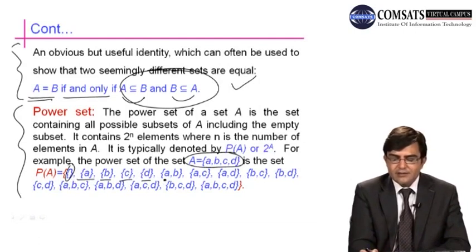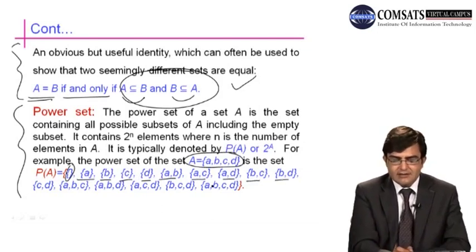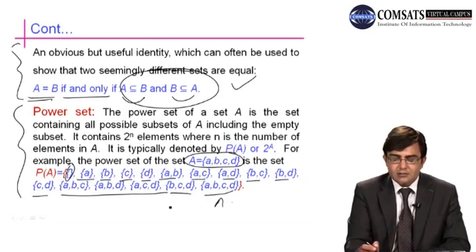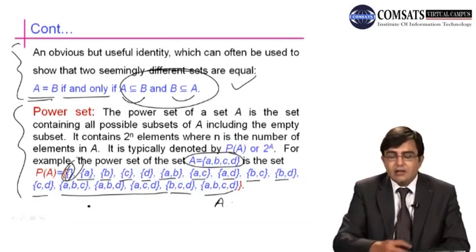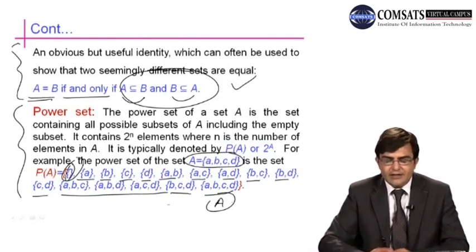Then we take two elements: AB, AC, AD, then BC, BD, and CD. Then three elements: ABC, ABD, ACD, BCD, and then the set itself. So the power set contains the empty set and the set itself; other than this, we take all the possibilities of the subsets of A.